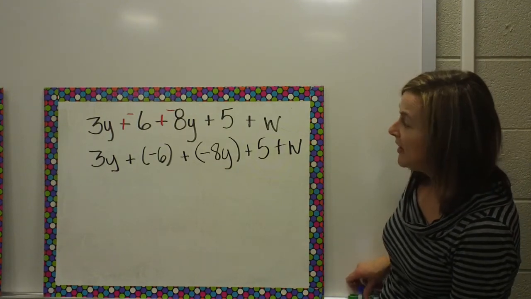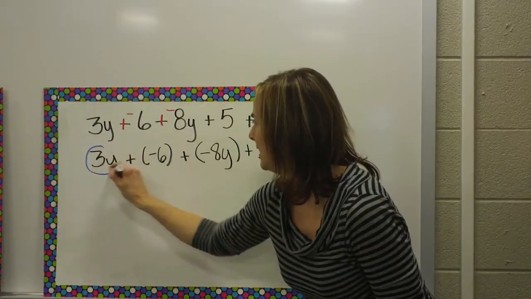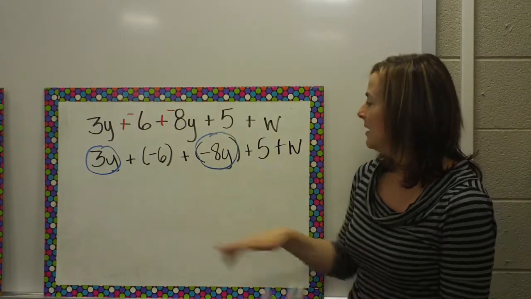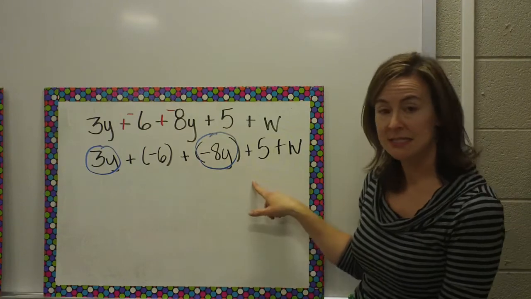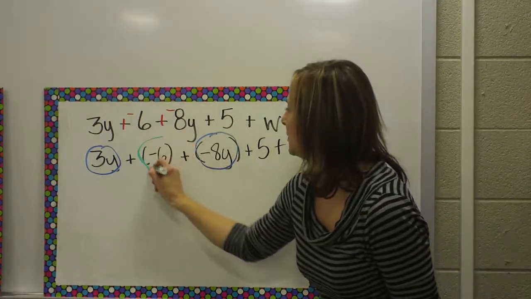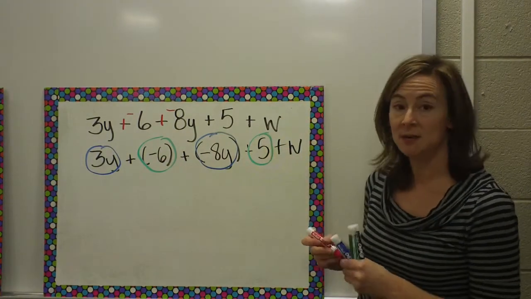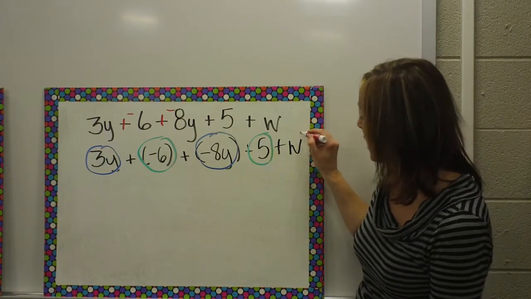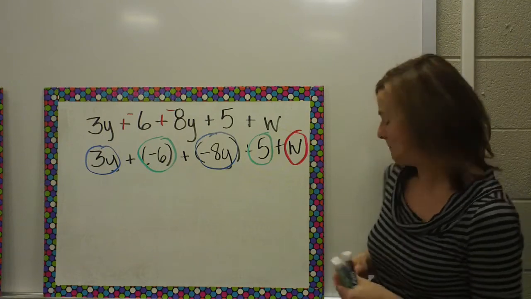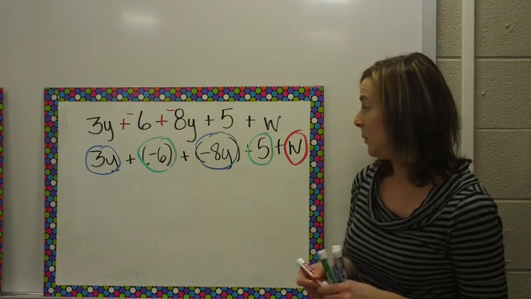I'm going to start by finding my like terms and combining them. So I have 3y here and a negative 8y here. Then I notice that I have 2 constants, negative 6 and 5. So I'm going to choose a different color because I know that I'm going to need to combine those. I'm left with just a W. Remember, W also means one W. And I can start my combining. So I have 3y and a negative 8y.